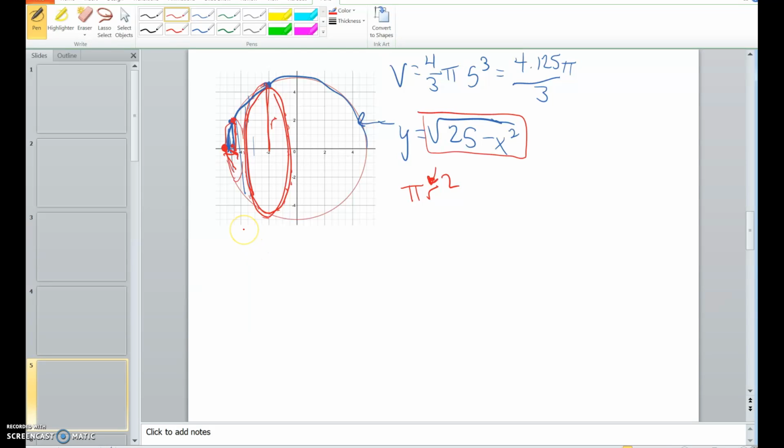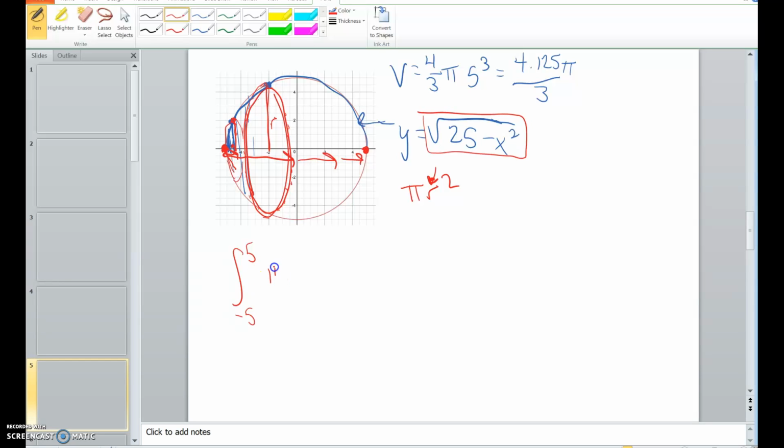So we want to integrate from -5 to +5. We want to start over here and work our way all the way across the circular base area, and as we integrate across, we want to be adding up the area of each circular cross section.